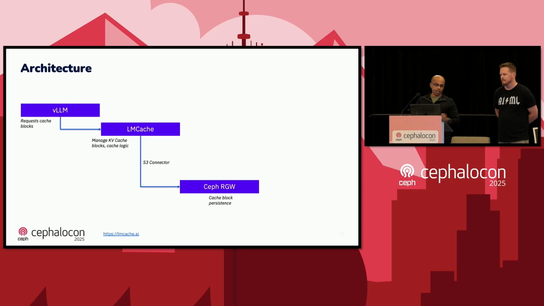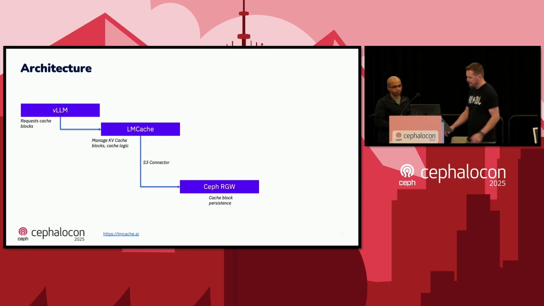In fact, Red Hat has a lot of investment in it. And LMCache is a KV block manager that sits between vLLM and a cache tier. In this particular case, we use Ceph Rados Gateway, S3, as the backend. To get into the details, I'll hand it over to Kyle.